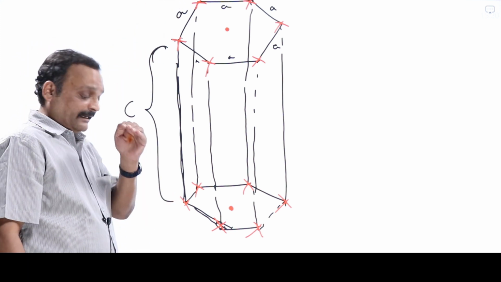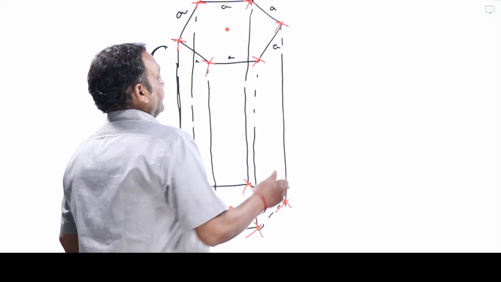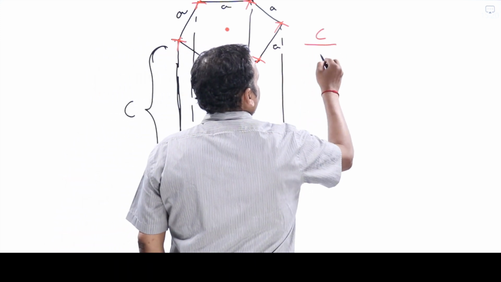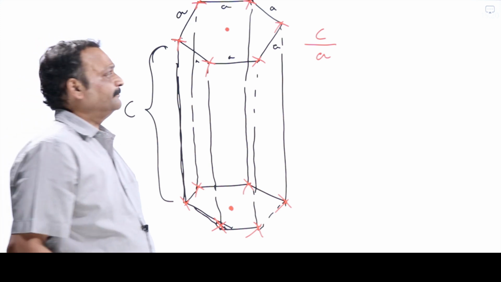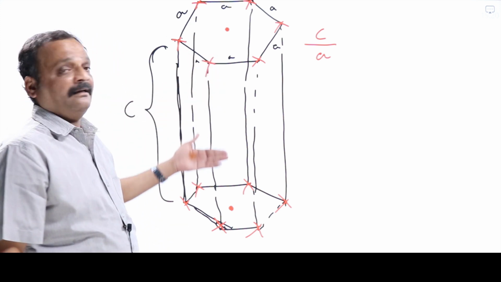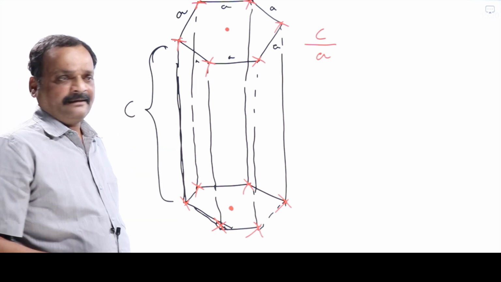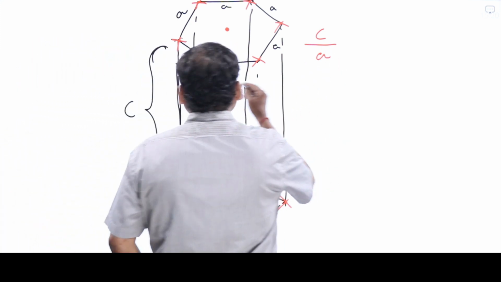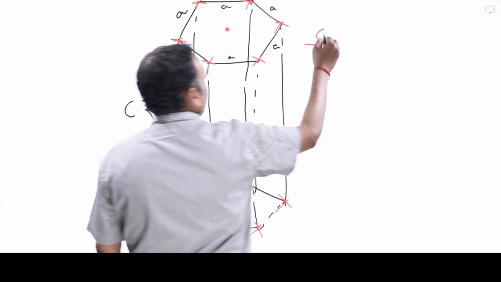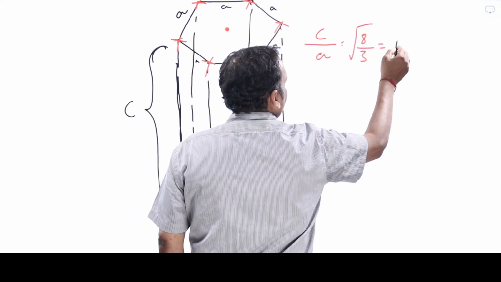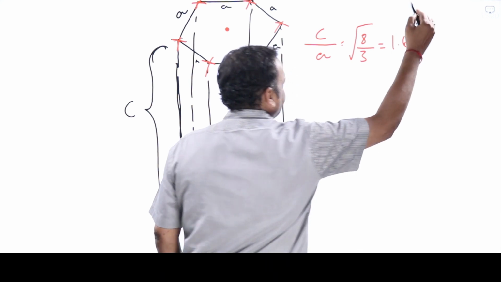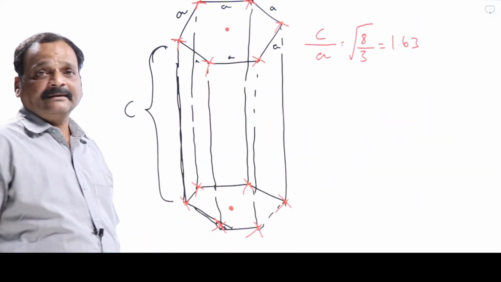In hexagonal structure, the ratio c by a, remember, this is a previous IES question, electrical engineering. I think in 2014 or 15 one question has come. The c by a ratio in a regular hexagon, a straightforward question has come. The c by a ratio, that is height to side, is equal to root 8 by 3, or 1.63.